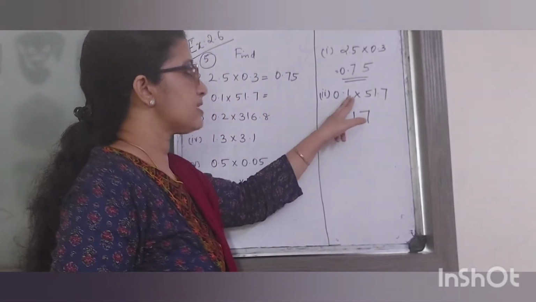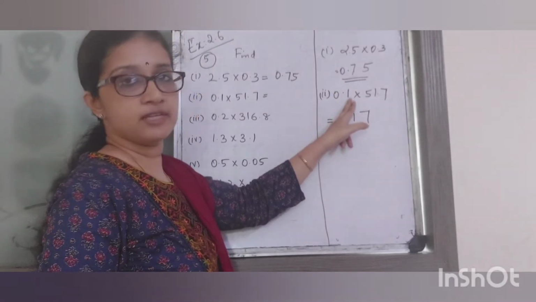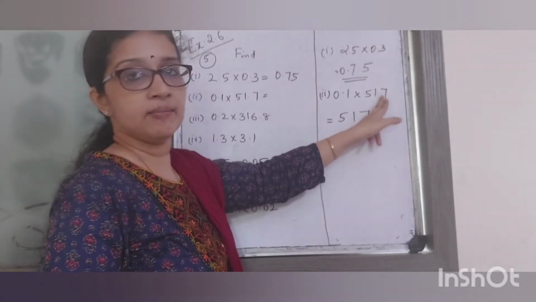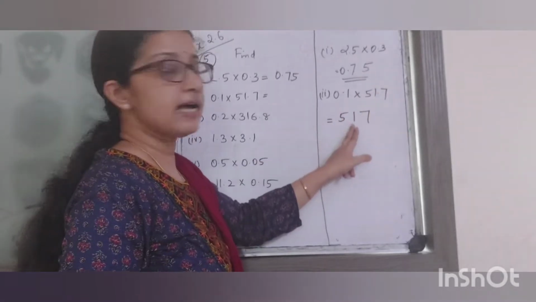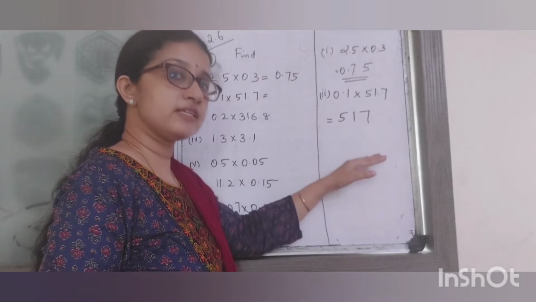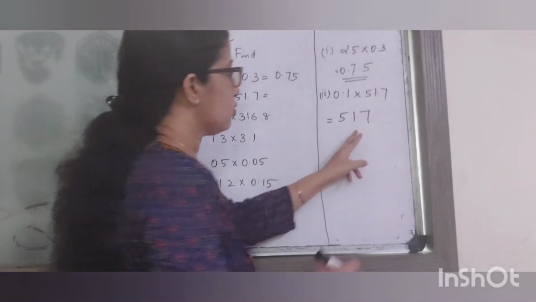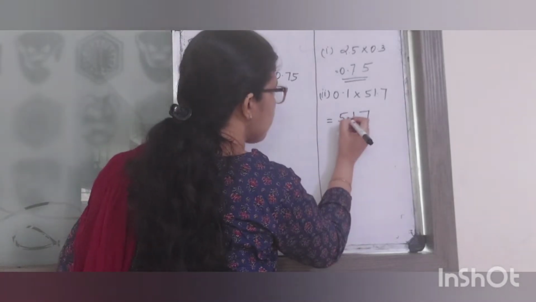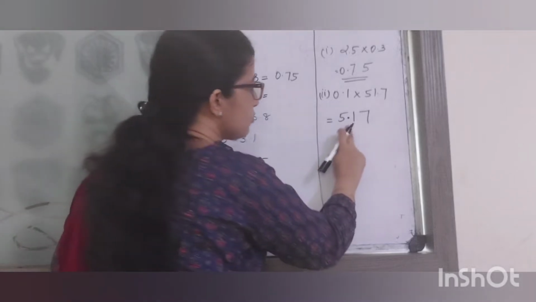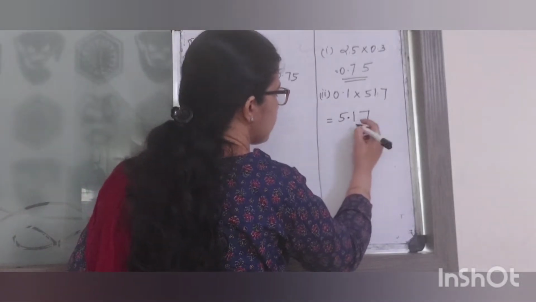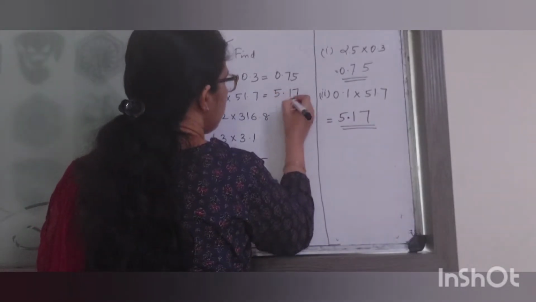Now where should we put the decimal point here? In the first number, there is one digit to the right of the decimal point, and in the second number, again one digit is there to the right of the decimal point. So in the answer, how many digits should be there to the right of the decimal point? 1 plus 1, 2 digits should be there. Okay, so we should put the decimal point here so that 2 digits are there to the right of the decimal point. So the answer is 5.17. Okay, the answer for the second question is 5.17.